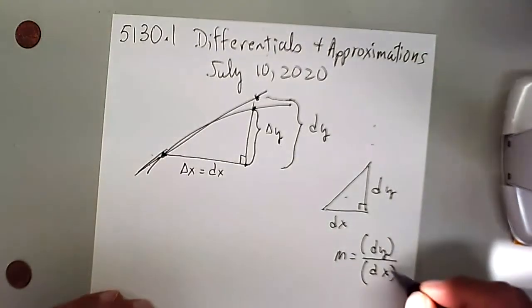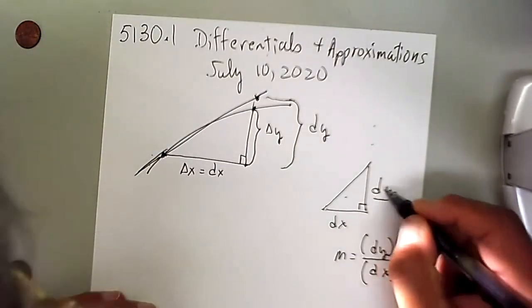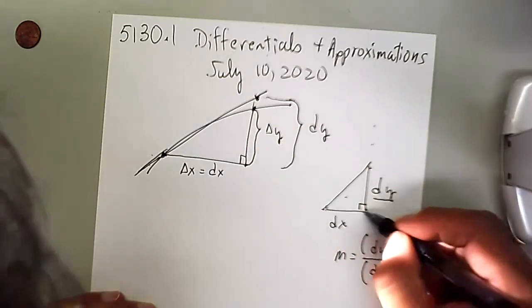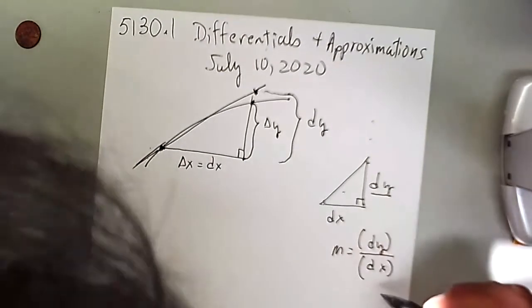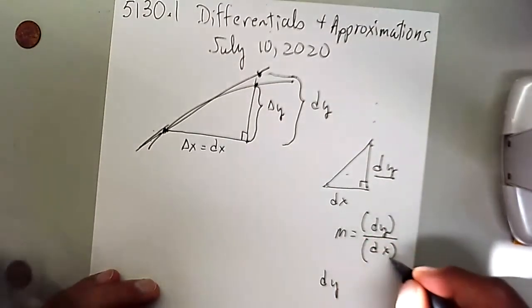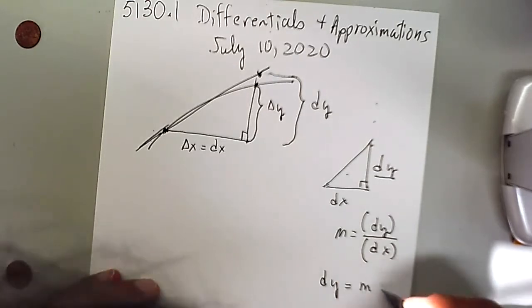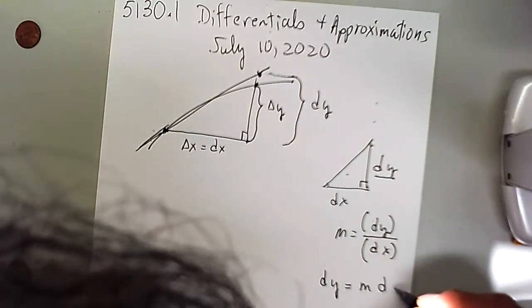It's not dy/dx, it is the quantity dy. So the differential is going to be a quantity this much over this much, rise over run, and that gives us the slope. The other way to think about it is that if we multiply both sides by dx, we end up with m dx.